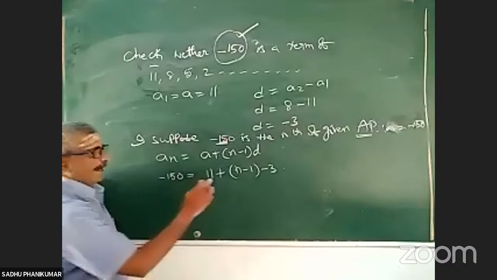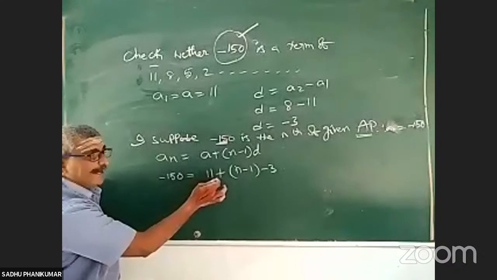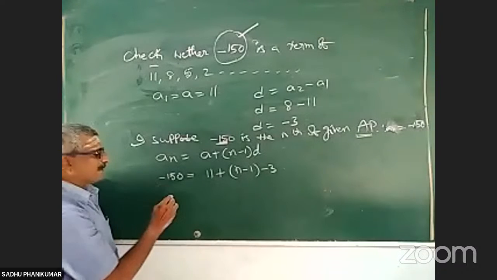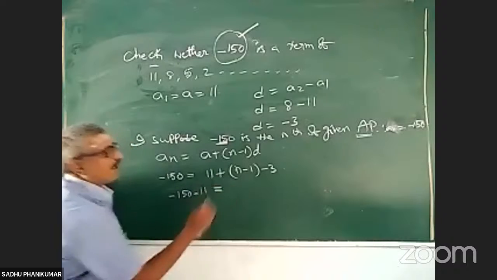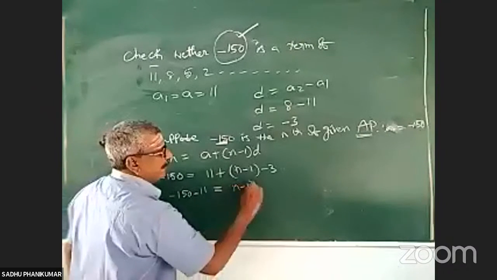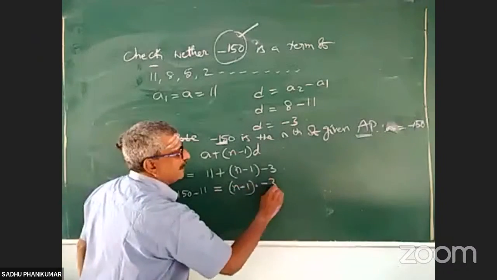Okay. Now this 11 comes to this side. That is minus 150 minus 11 is equal to n minus 1 into minus 3.